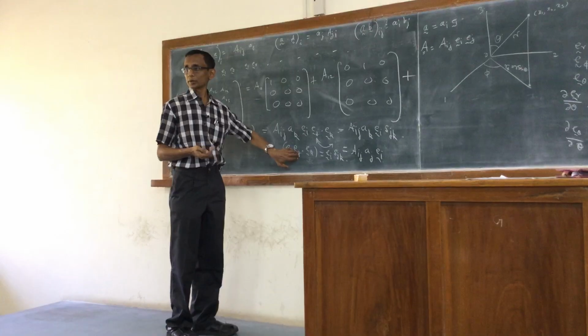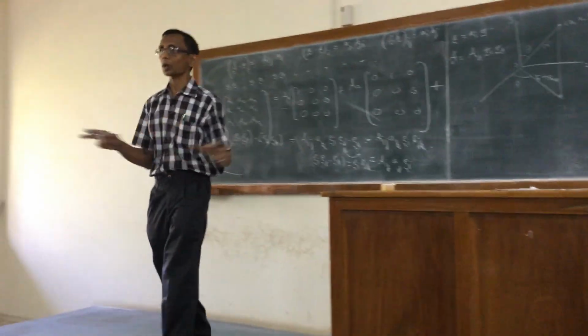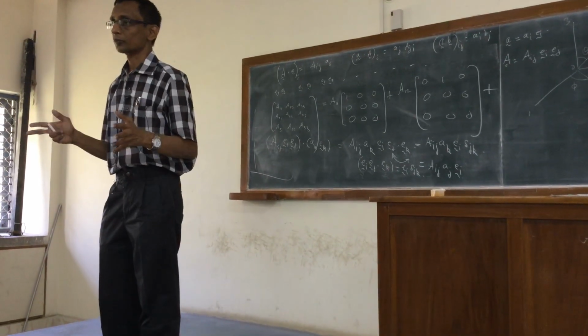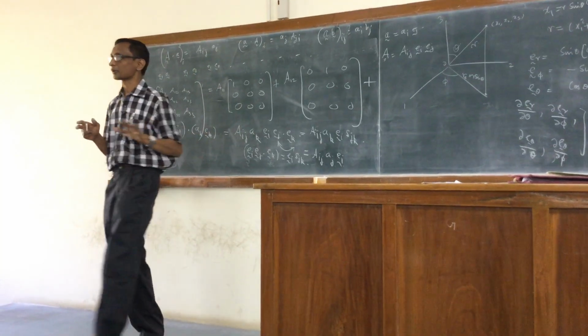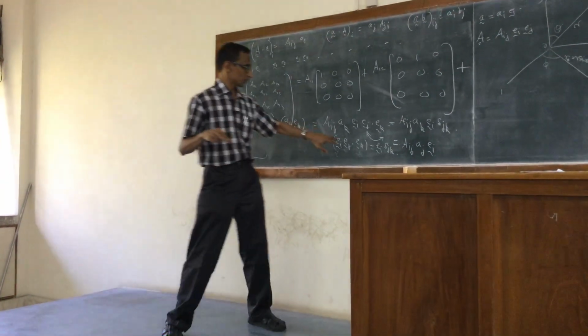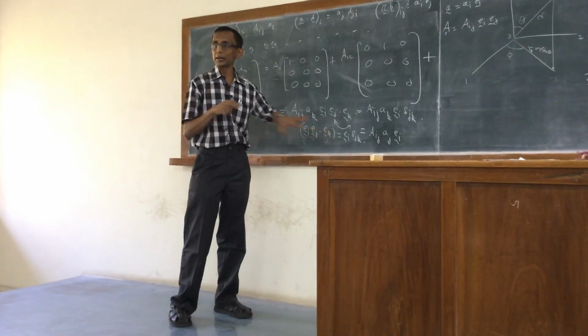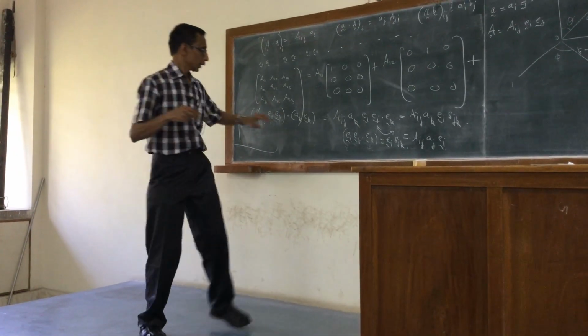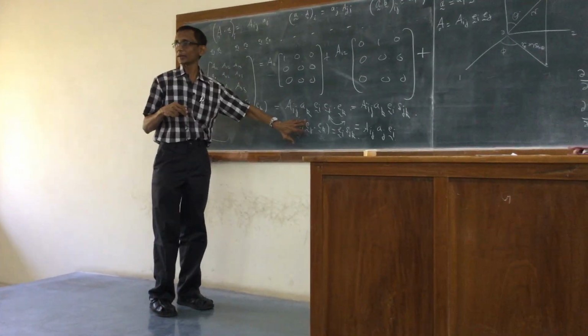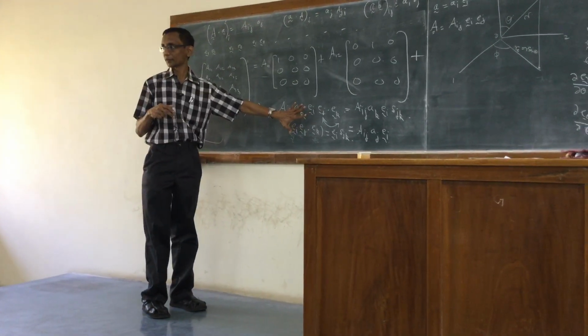This can be 1, 2 or 3. This can also be 1, 2 or 3. So all possible combinations are allowed, and this formula gives the answer for all possible combinations. Clearly from this, if j is not equal to k, it would simply be 0. If j is equal to k, it would simply give me the vector Ei. That's all there is to it.